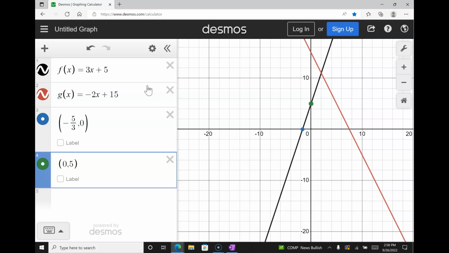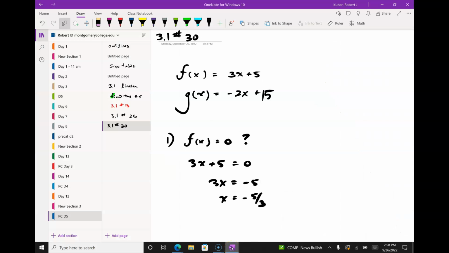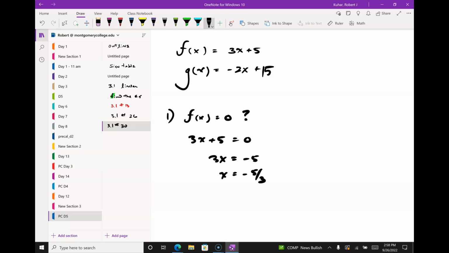You could tell me the slope right away because it's written in the equation. It's 3, right? But you could check the slope. How do you check that slope? So I had (negative 5/3, 0) and (0, 5), right?